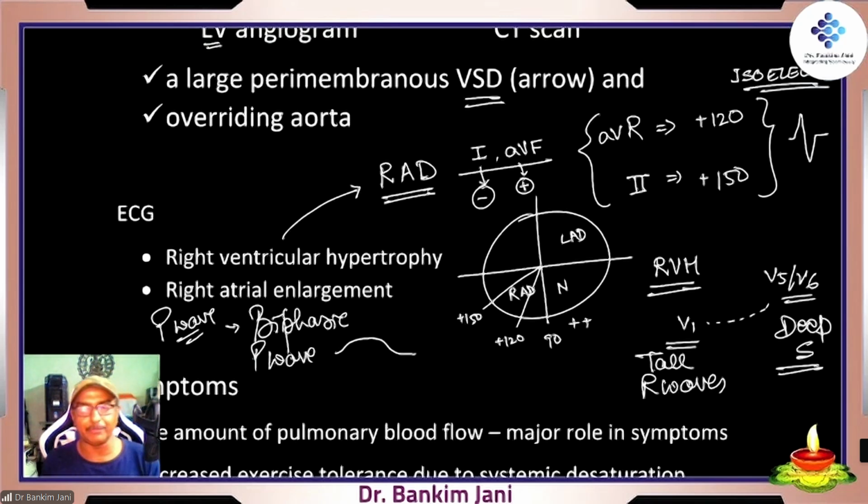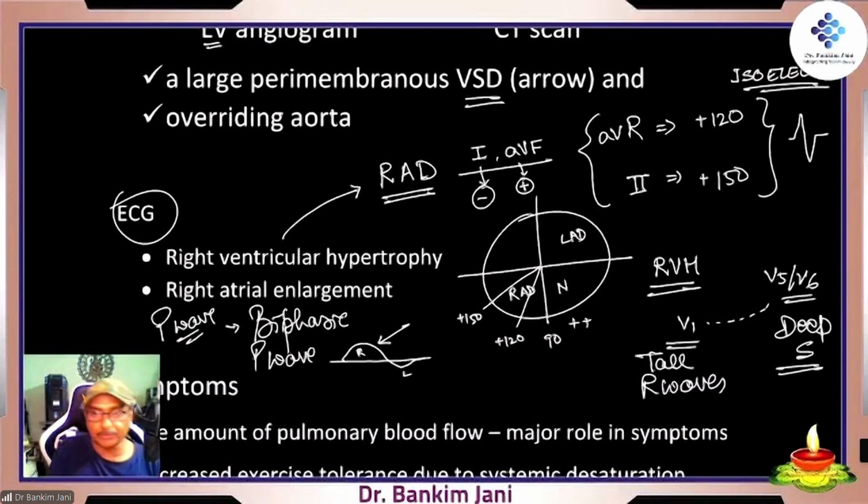But now, because the right atrium is so big, we'll be getting it like this. This is how we'll be watching it. That is what is called the biphasic P wave, which is a confirmatory sign of right atrial enlargement, because the first part is for the right and this part is for the left, right?